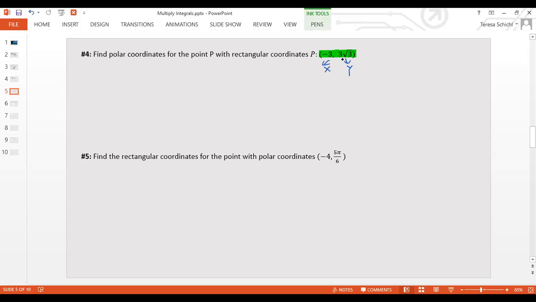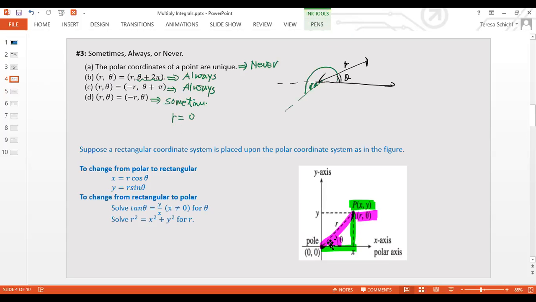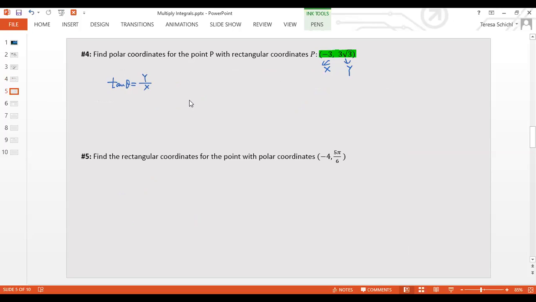From a while ago, we said tangent theta is equal to y over x, from the previous graph. So you change from the green one to the purple ones. Tangent theta is y over x here.